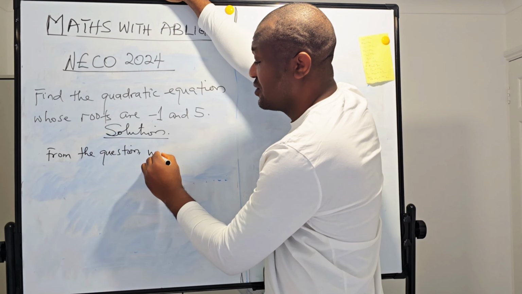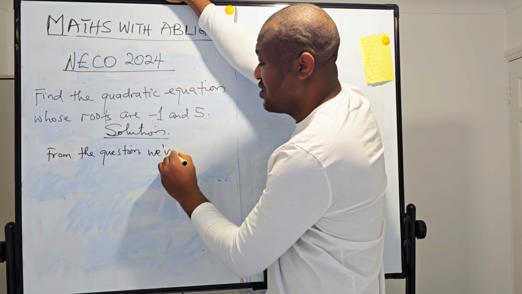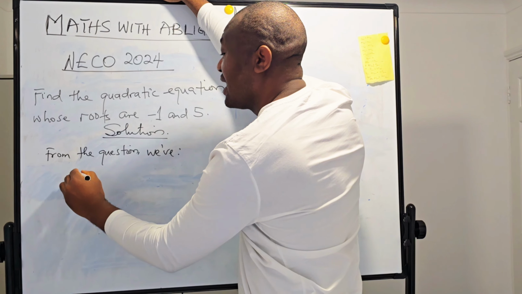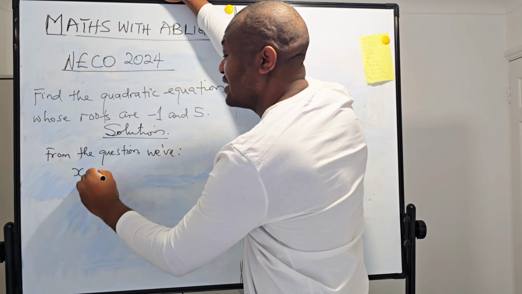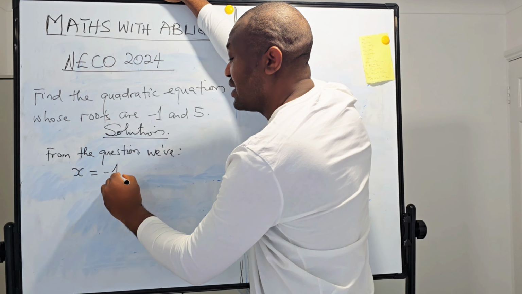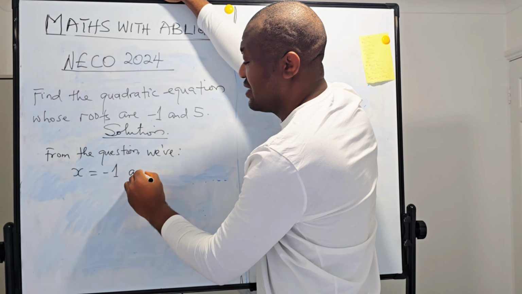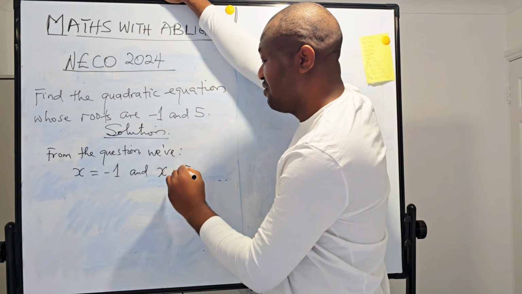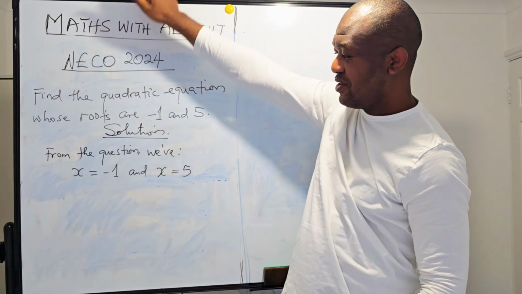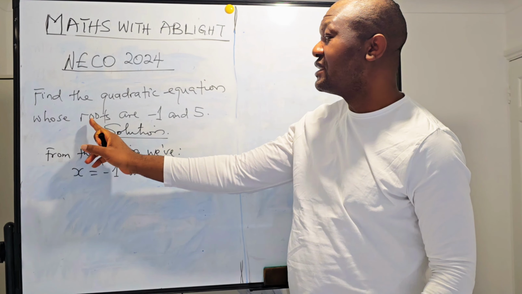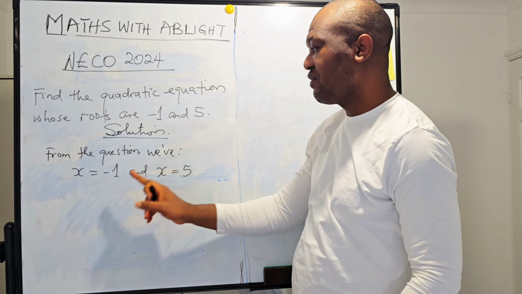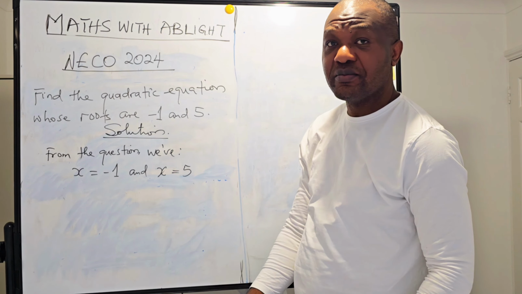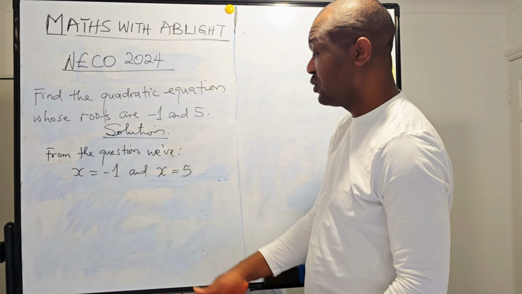From the question, what do we have? x is equal to -1 and x is equal to 5. You are getting this from the question because it says the roots are -1 and 5. These are the roots. They represent x, and the other side, x is equal to 5.